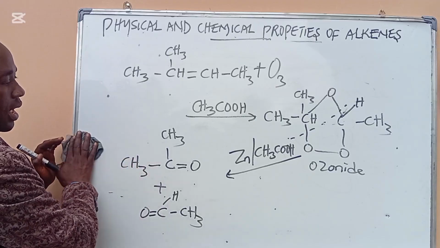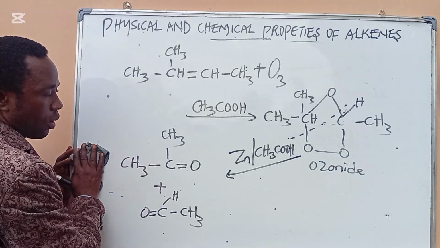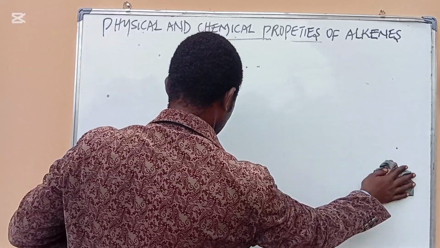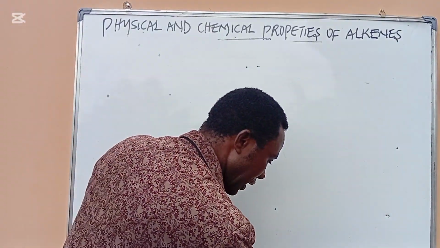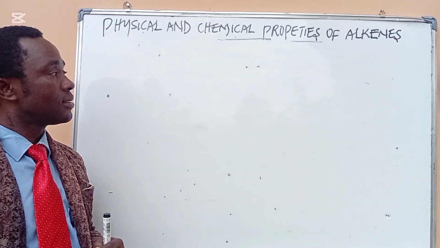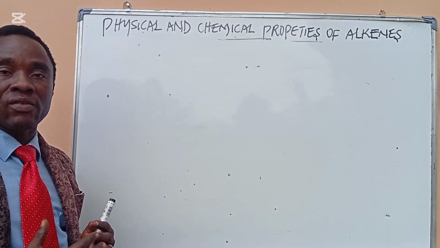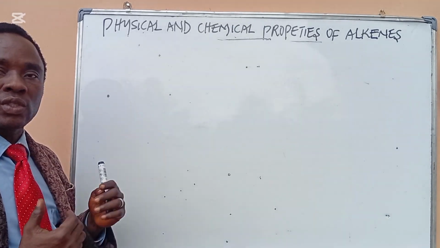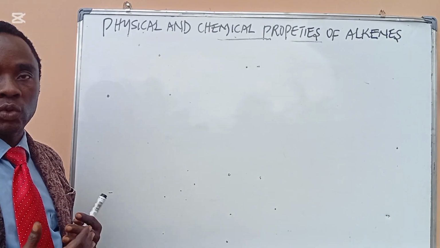Now, having seen this, I want to clean the board and let us know that the decomposition of ozonide can be done with several chemical reagents. You can decompose an ozonide by simply boiling the ozonide.